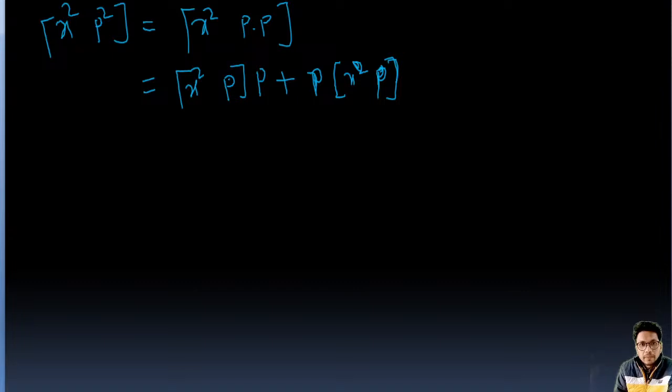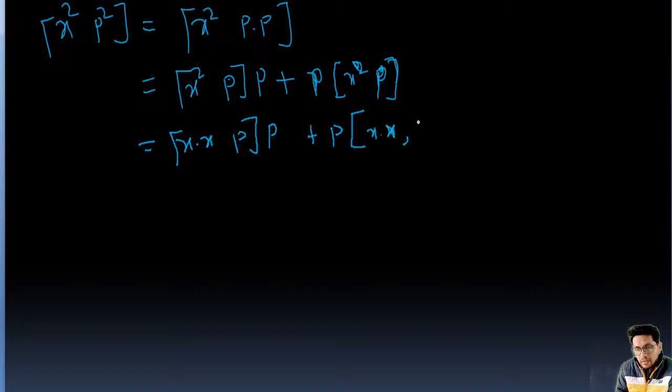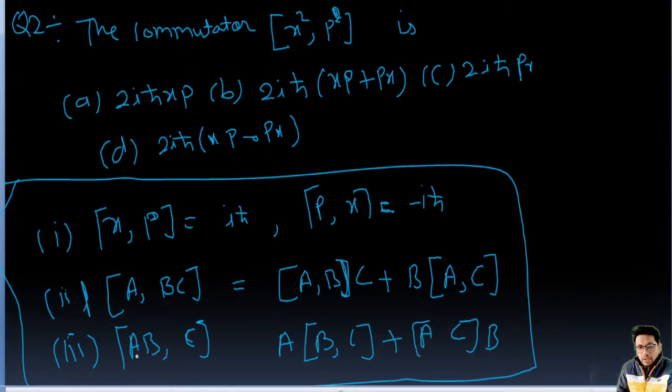Now again we'll write it x into x comma p, outside p, plus p x into x comma p. Here also we'll use this property, commutator ab comma c. This is going to be a outside, then bc plus ac outside b.